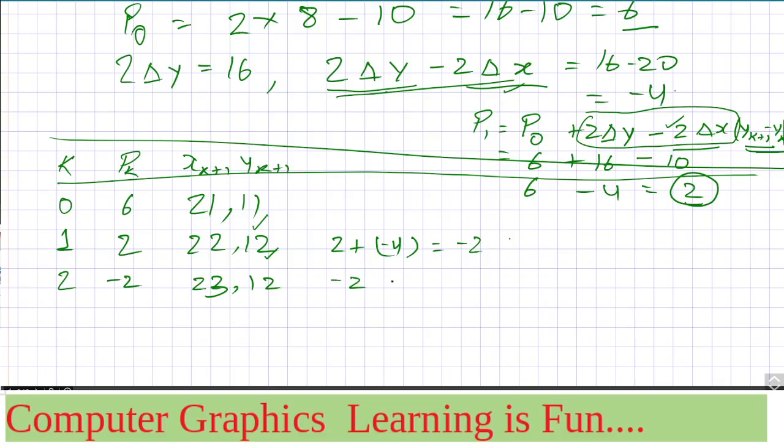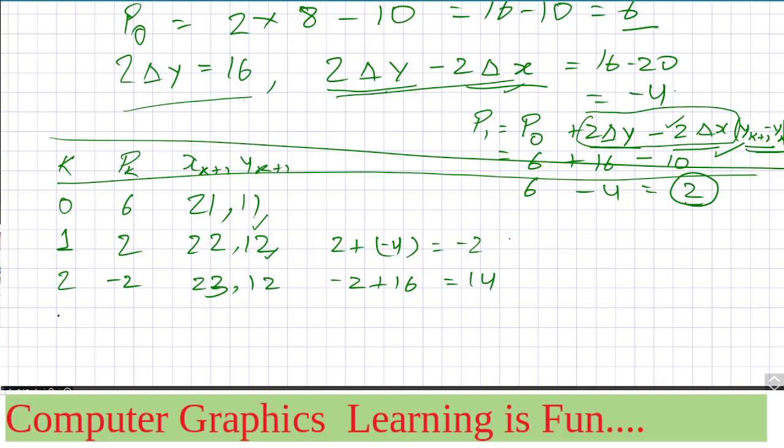Now what we are going to do, since y has not increased, we will take only 2 delta y, so it is 16. Minus 2 plus 16, which is 14.